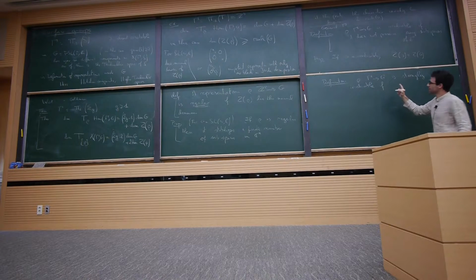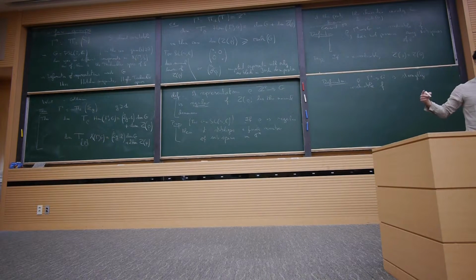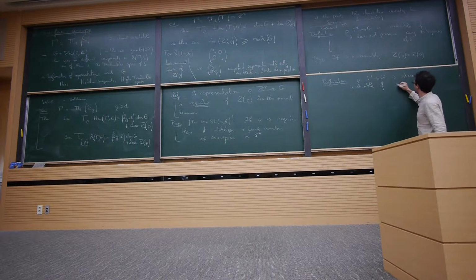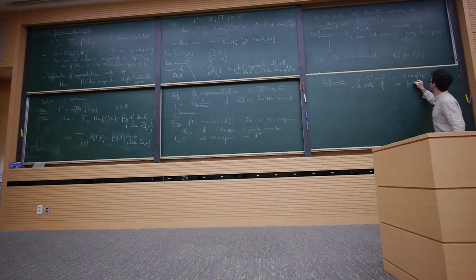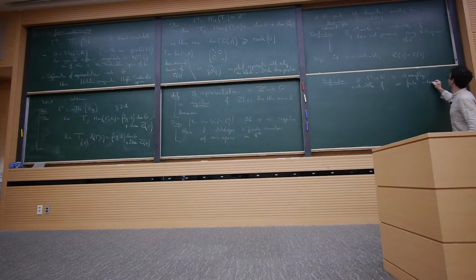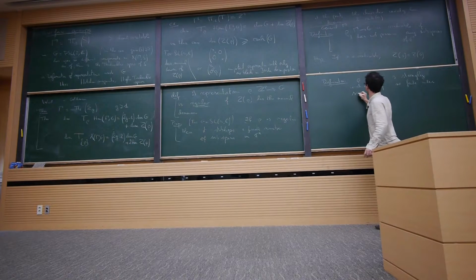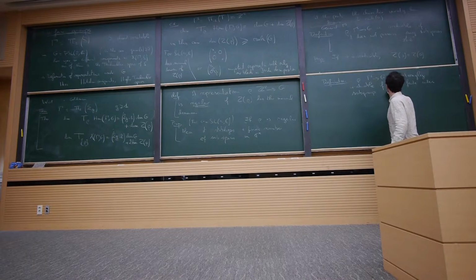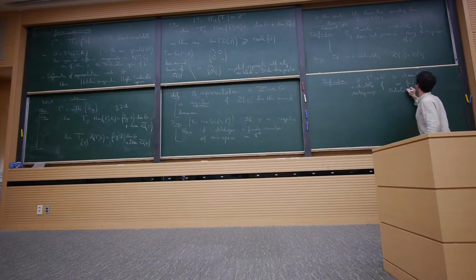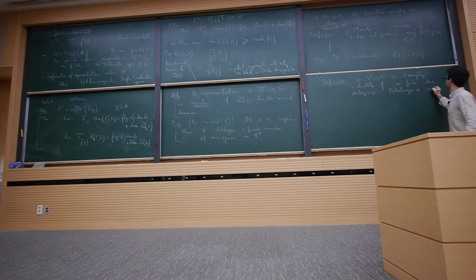I say that a representation is strongly irreducible if no finite index subgroup stabilizes a subspace. Okay?